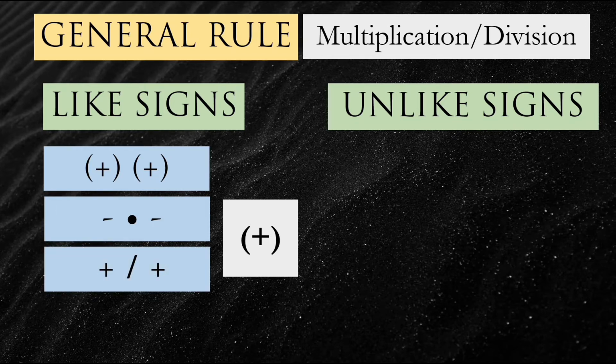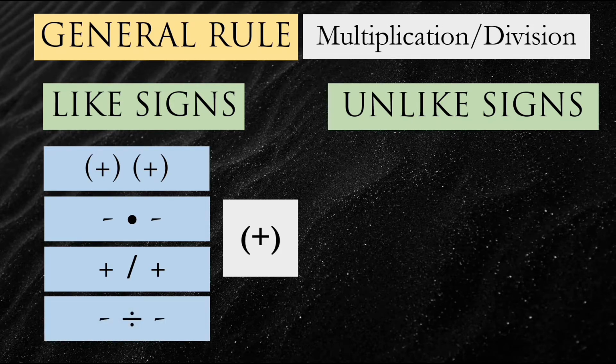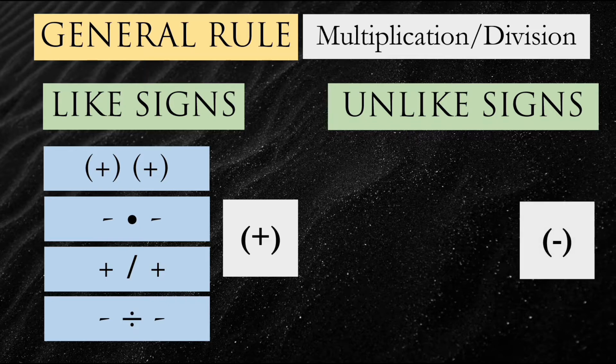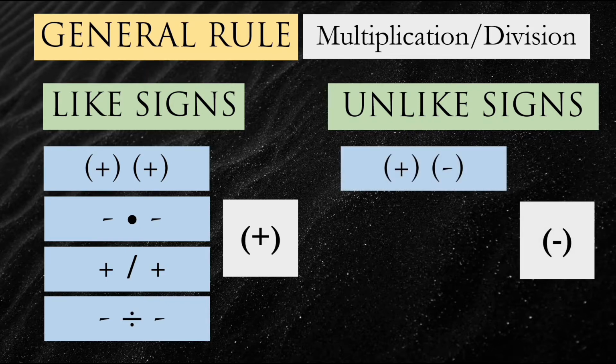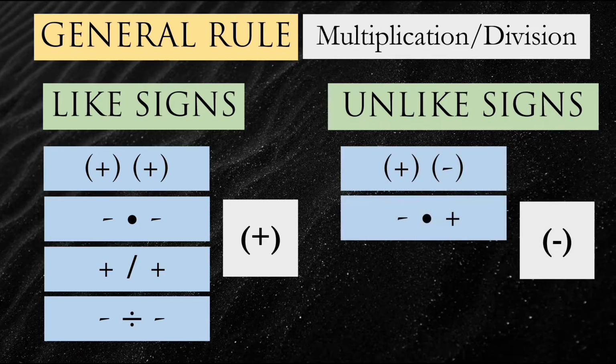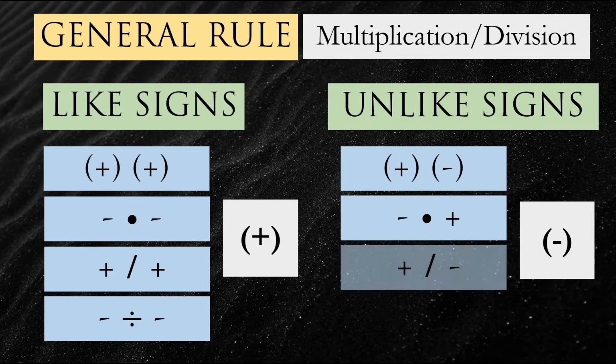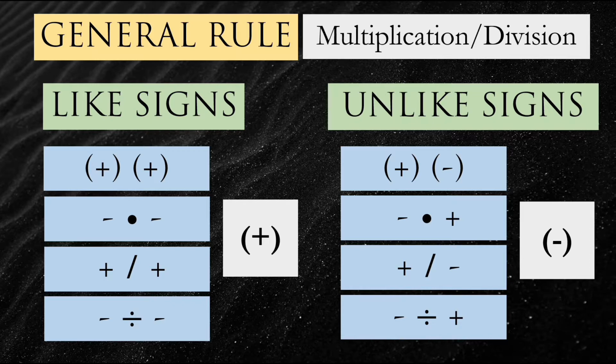Also, for division, positive divided by positive is positive, and negative divided by negative is positive. For the unlike signs, whenever you multiply or divide, the answer will always be negative. For example, positive times negative is negative, negative times positive is negative, positive divided by negative is negative, and negative divided by positive is still negative.